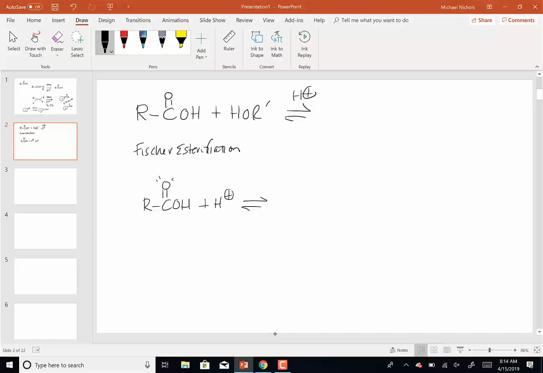Which oxygen? The carbonyl oxygen. So I'm going to protonate the carbonyl oxygen. If I remember, I'll come back and show you why you cannot protonate the other one. So that's going to give us our oxonium ion. And what happens next?